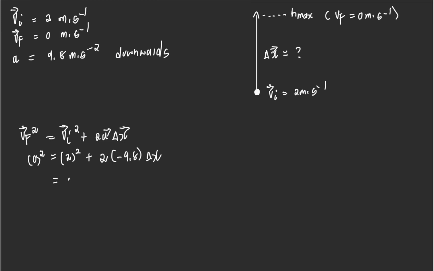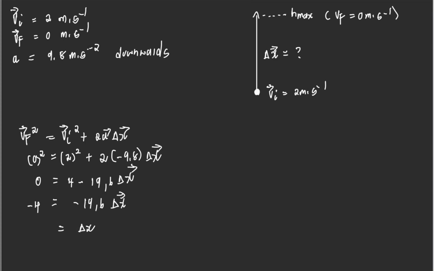So you have 4 minus 19.6 change in X, which is equal to 0. Then you transpose the 4: minus 4 is equal to minus 19.6 change in X.